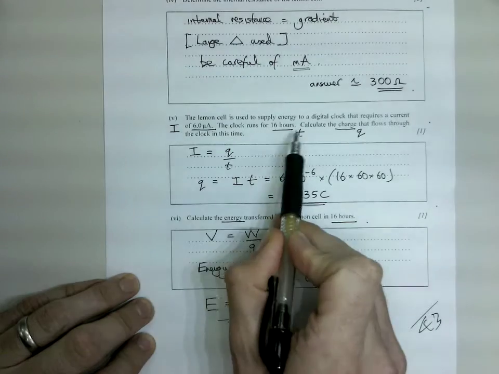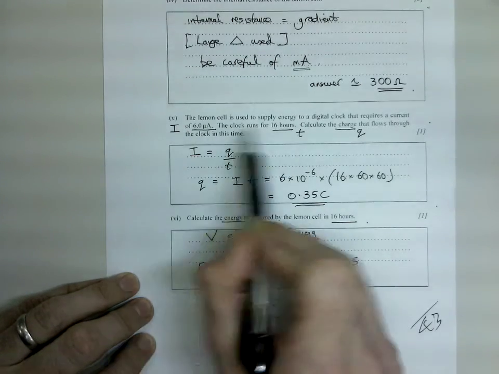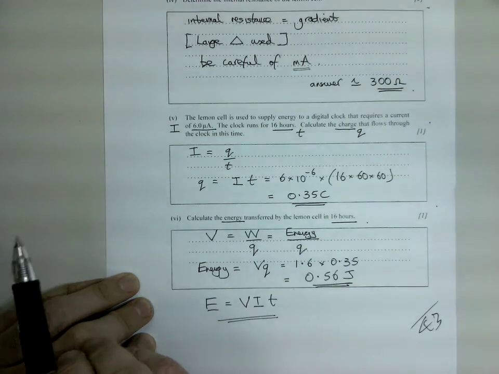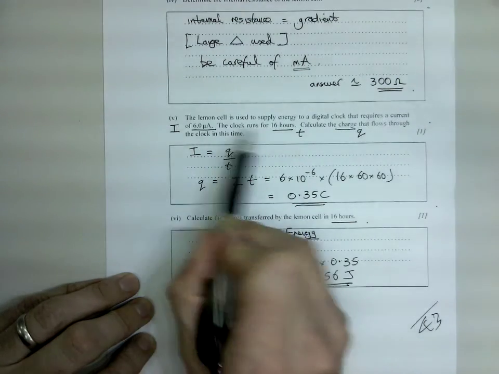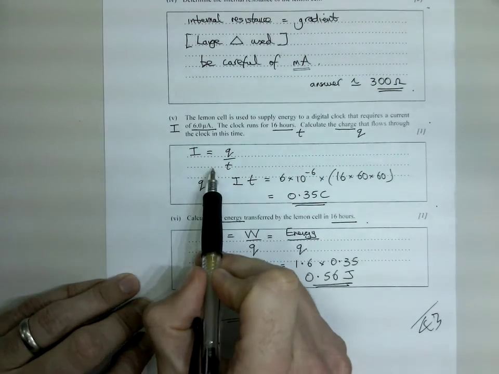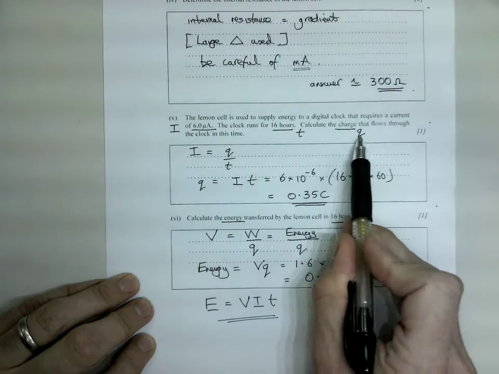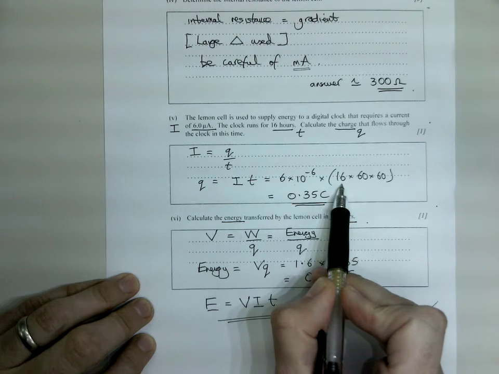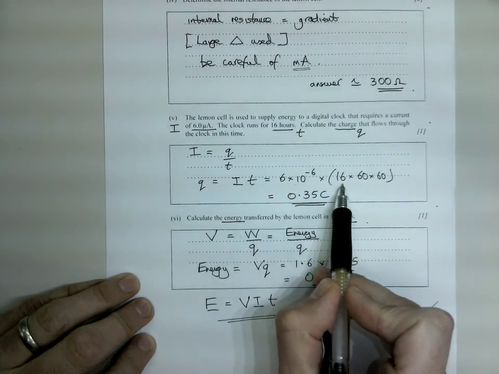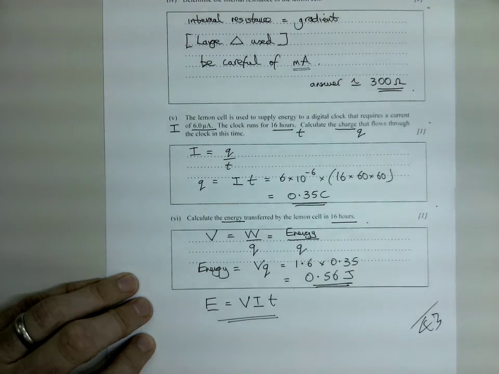And see how all I've done in my way into this question is put the symbols next to the values that I either need to calculate or I'm given. And then I can realise straight away that this is the equation I'm going to use, that I equals Q over T. Rearrange that for Q, put the numbers in, but just be aware that I'm converting 16 hours into seconds, and I get my answer of 0.35 coulombs.